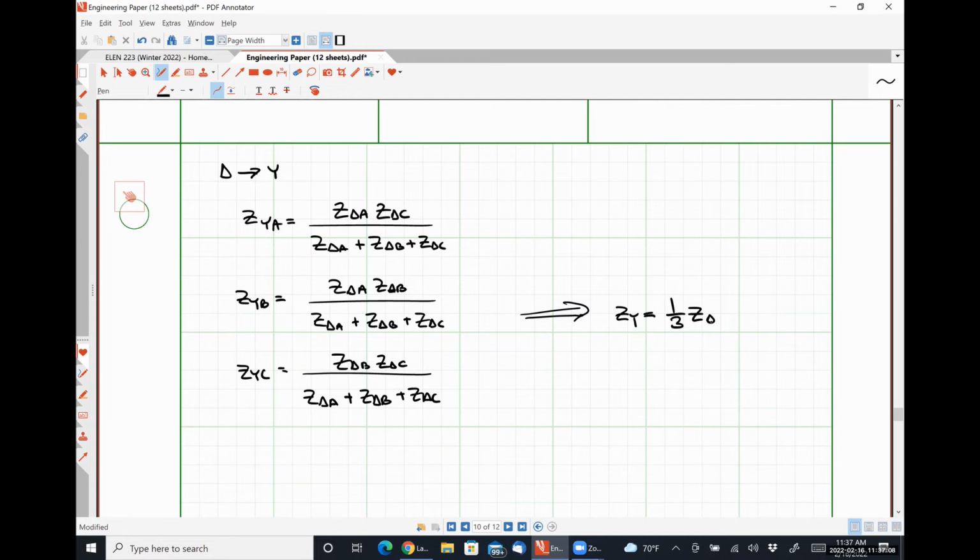Okay. So we now have our different transformations that we can use to make any circuit behave like a YY circuit, which is trivial to analyze using that equivalent circuit that we developed at the end of last class.